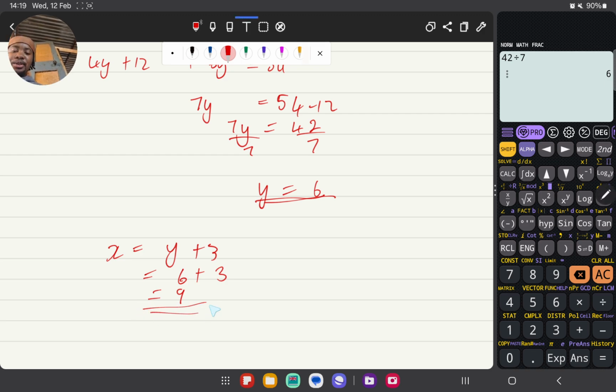We now know how much each type of coffee costs. It's 4 nines, or let me just say 9 plus 9 plus 9 plus 9, and then plus 3 sixes.